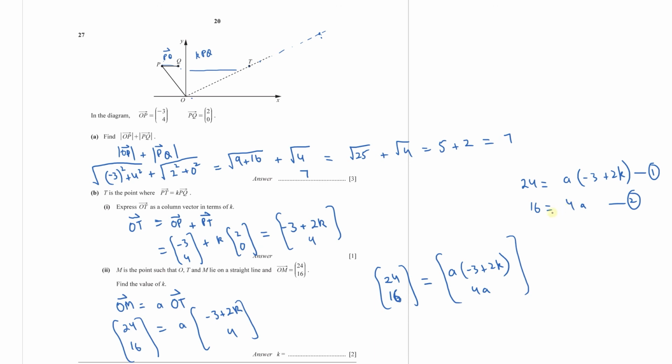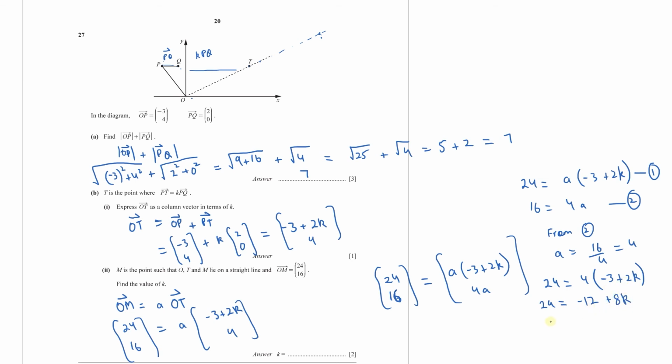I can clearly use the second equation to find the value of A. So A is 16 divided by 4, which equals 4. Now if I substitute this value of A in the first equation, I can calculate the value of K. So 24 equals 4 times (-3 + 2K). 24 equals 4 times -3, which is -12, plus 8K.